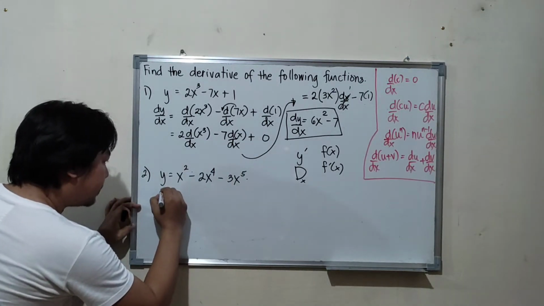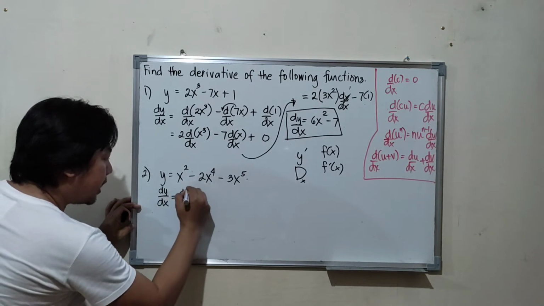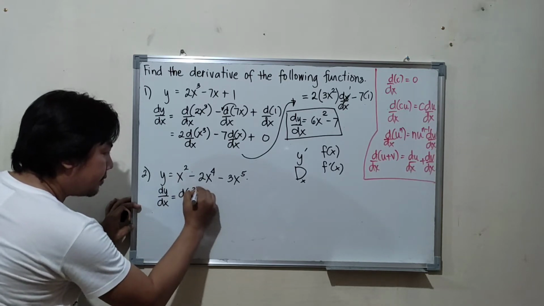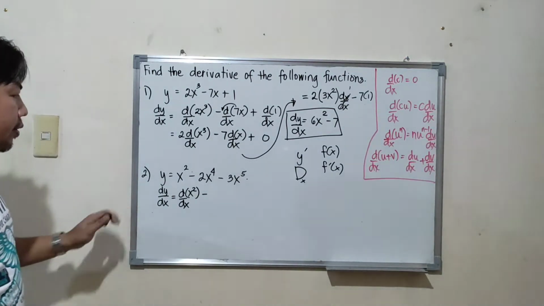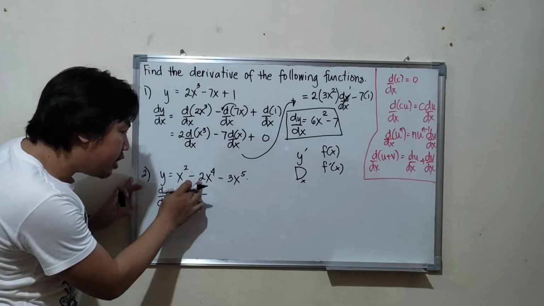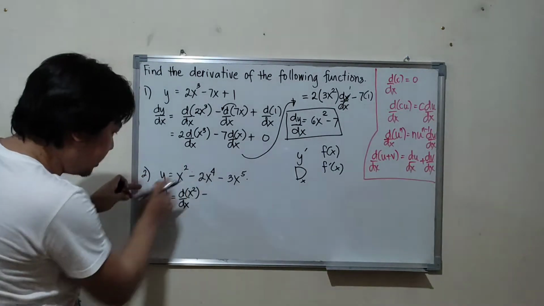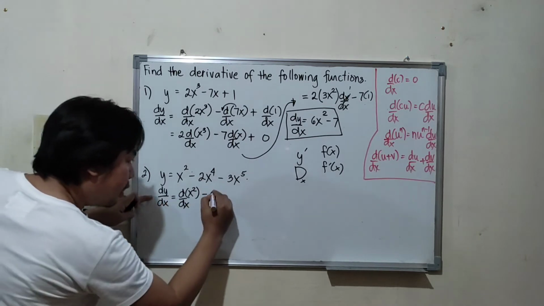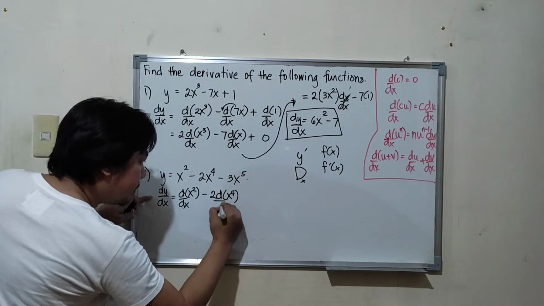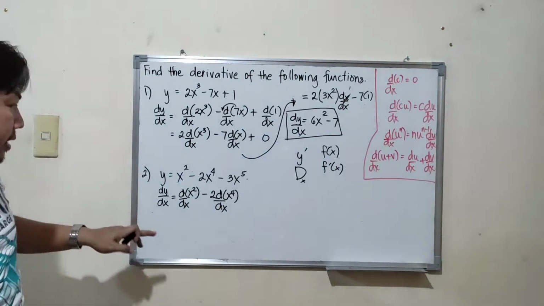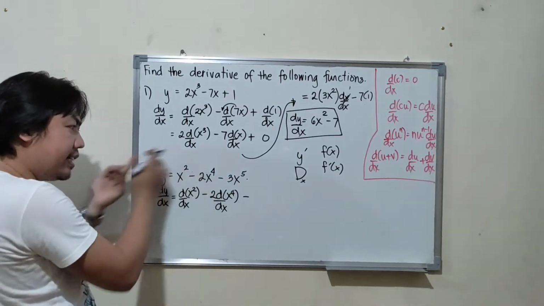So we have derivative of y with respect to x equals derivative of x squared with respect to x minus, so if we have constant, we can move the constant sa labas nito. So this will become 2 times derivative of x to the fourth with respect to x.